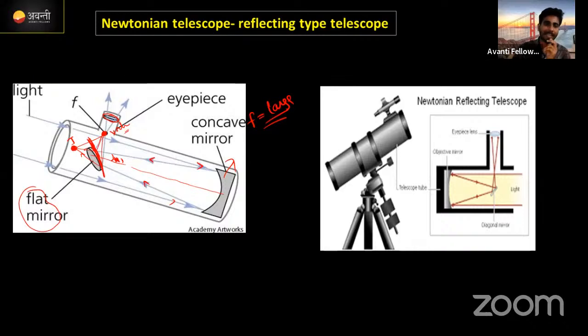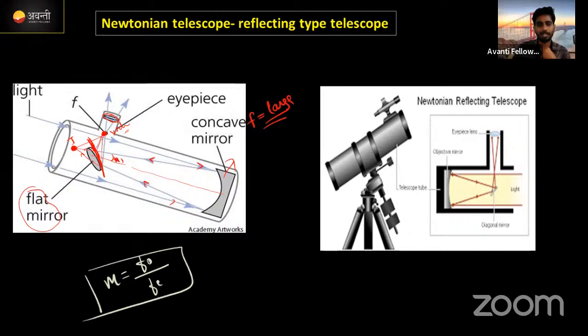Either way, we also need to find the magnification value. Magnification is the focal length of the objective mirror divided by the focal length of the eye lens. This is the magnification formula.